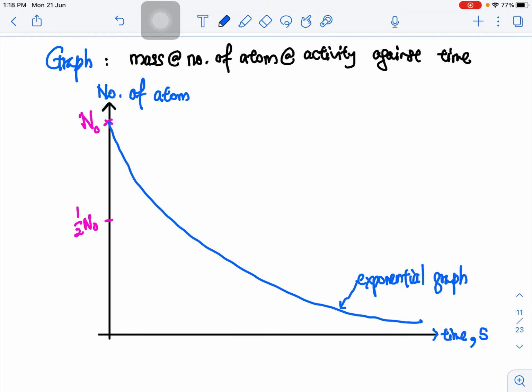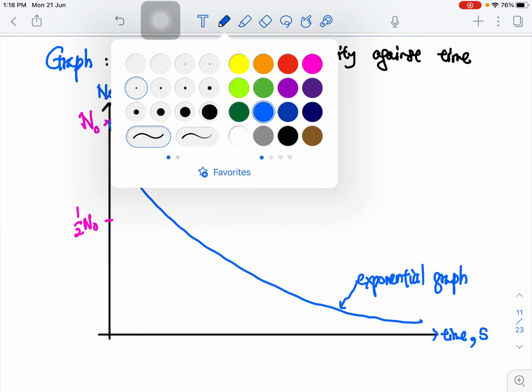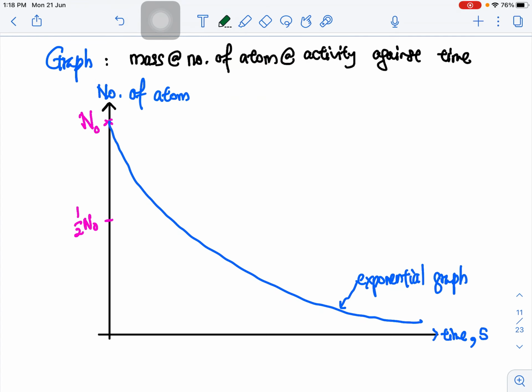To determine the half-life of the nuclei, we have to draw a line where the number of atoms is half of the initial value.